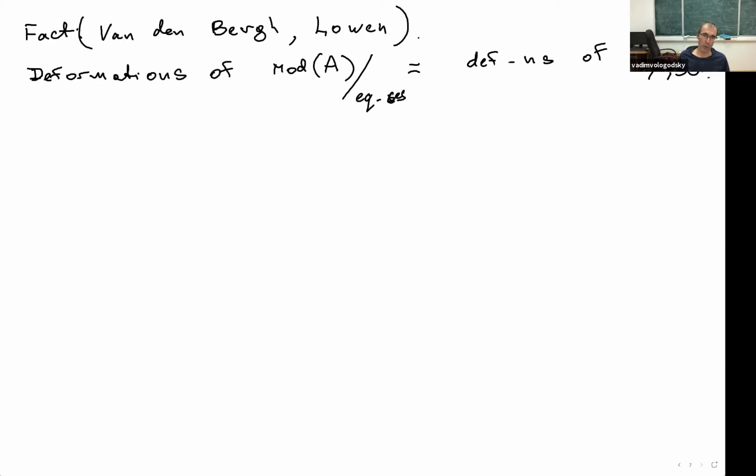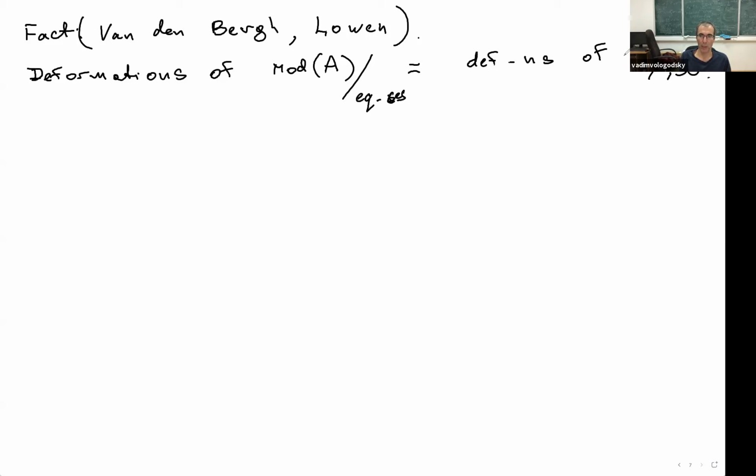at least up to equivalence, there is no difference between deforming, say, quasi-coherent sheaves and just the underlying sheaf of objects. However, well, it's not quite true because this is only isomorphism classes.